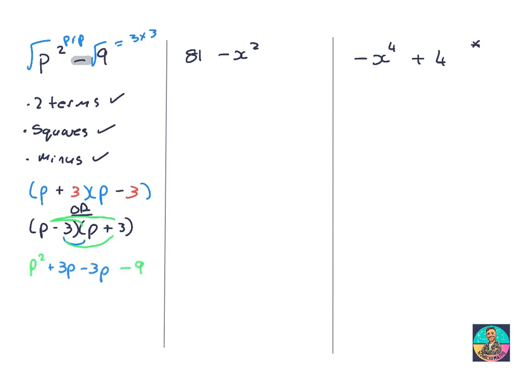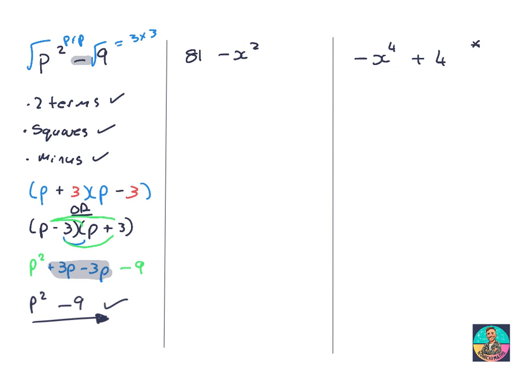What you should hopefully notice is these two middle terms cancel each other out. The only way that will happen is if they are different signs. If they're the same signs, they will either add to give you 6 or add as negatives to give you negative 6, but they won't cancel out, and we need them to cancel out.